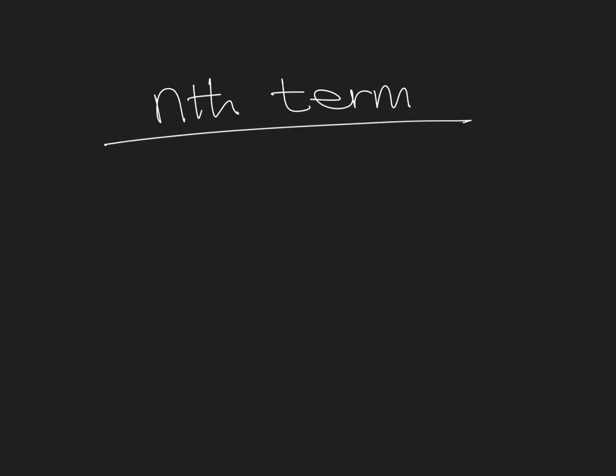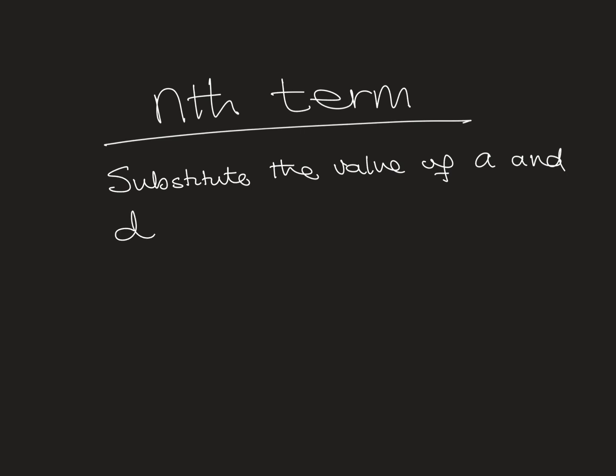Okay? In a question where you are asked to find the nth term, what you have to do is to substitute the values of a and d in the term formula, which is t sub n is equal to a plus n minus 1 times the difference, and that becomes an equation of itself.